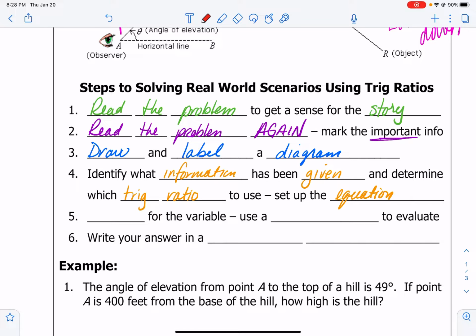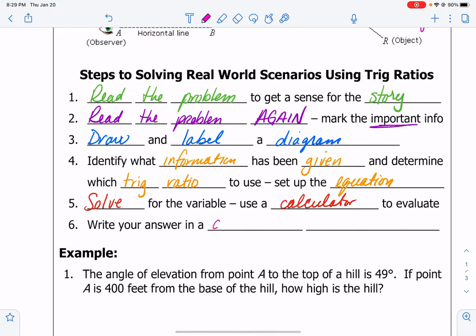Solve for the variable. Use a calculator to evaluate. The other piece that's new compared to this is that you have to write your answer in a complete sentence. But what was the number that you found?